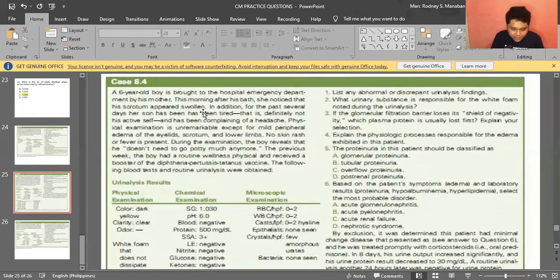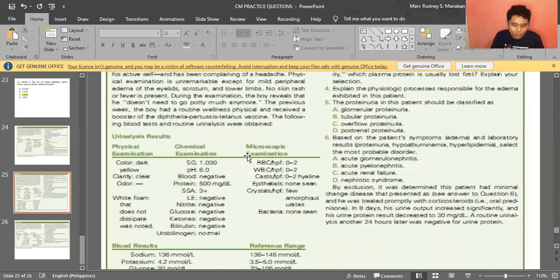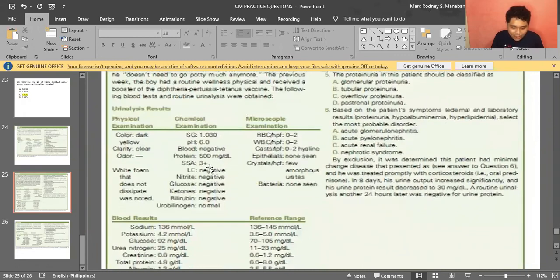Alright, a 6-year-old boy, with lethargy. He recently got a vaccine, okay? And he has difficulty urinating, alright? Now look at the chemical exam. SSA is 3+. Your protein is 500 mg per dL, alright? The rest of your chemical exam is normal. For the physical exam, there is white foam that does not dissipate.